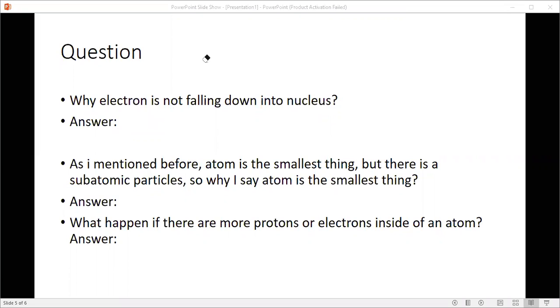And then, as I said before, atom is the smallest thing, but there is a subatomic particle. So why do I say atom is the smallest thing? Even the subatomic particle is not the smallest thing. There is quark. Quark is the smallest thing, but why?